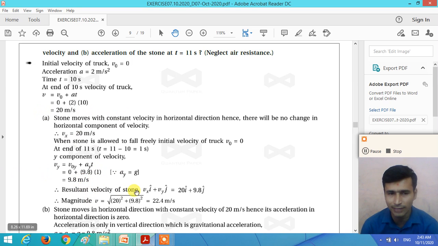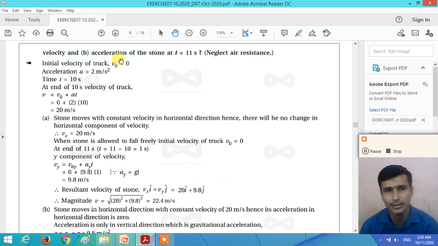So the resultant velocity of the stone v is equal to vx i plus vy j, that is 20i plus 9.8j, and the magnitude of the velocity is the square root of 20 square plus 9.8 square. If you calculate that, we get 22.4 meter per second. And the direction of the velocity we can calculate: theta is equal to tan inverse of 9.8 divided by 20. Right? Do you understand, dear student?